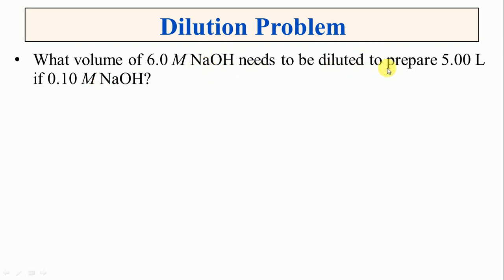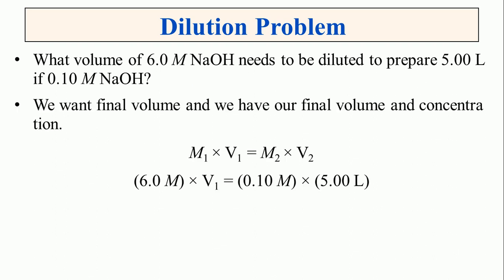So our final volume is 5 liter and final concentration is 0.1 molar. Our initial concentration is 6 molar and we have to find out V1, or we can change the term, we have to find out V2, whatever we say.